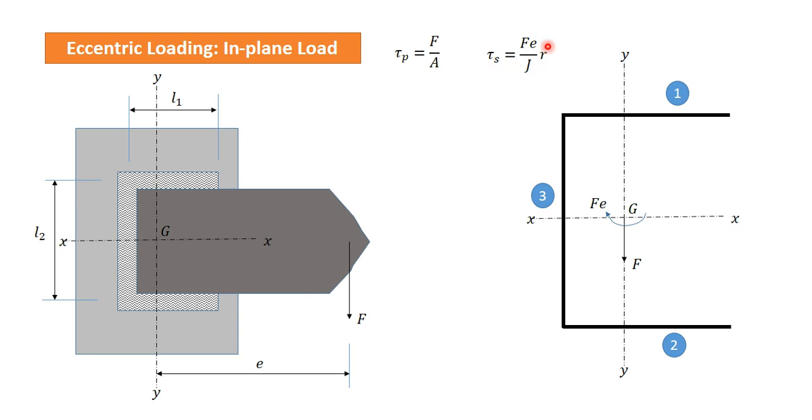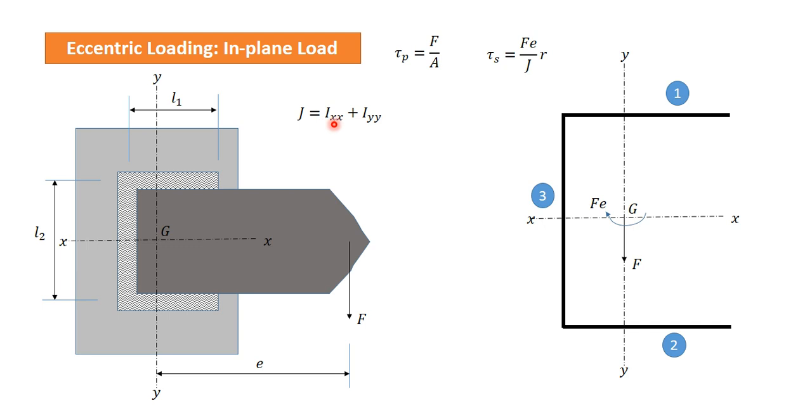This is the torsion equation, generally used for circular components only, but we are assuming here that it is also applicable to non-circular components. Here J is the second polar moment of area about an axis which is perpendicular to the xx and yy axes passing through G.